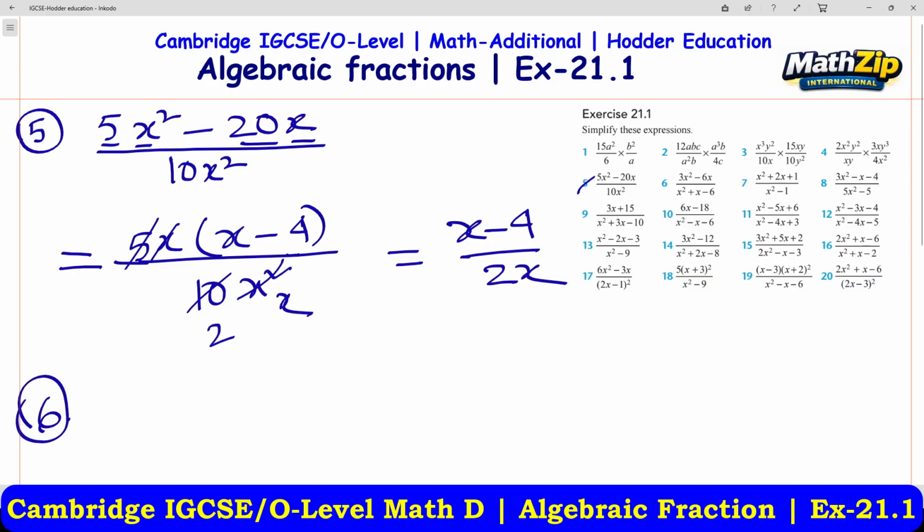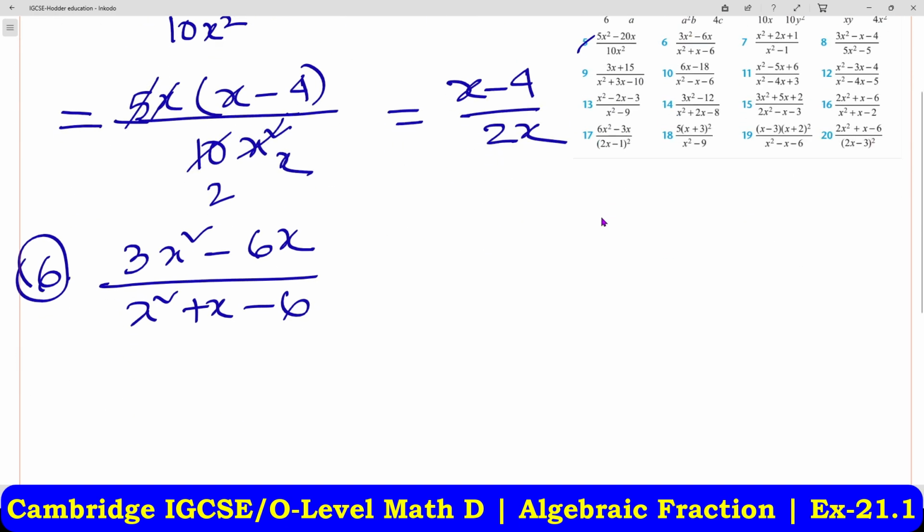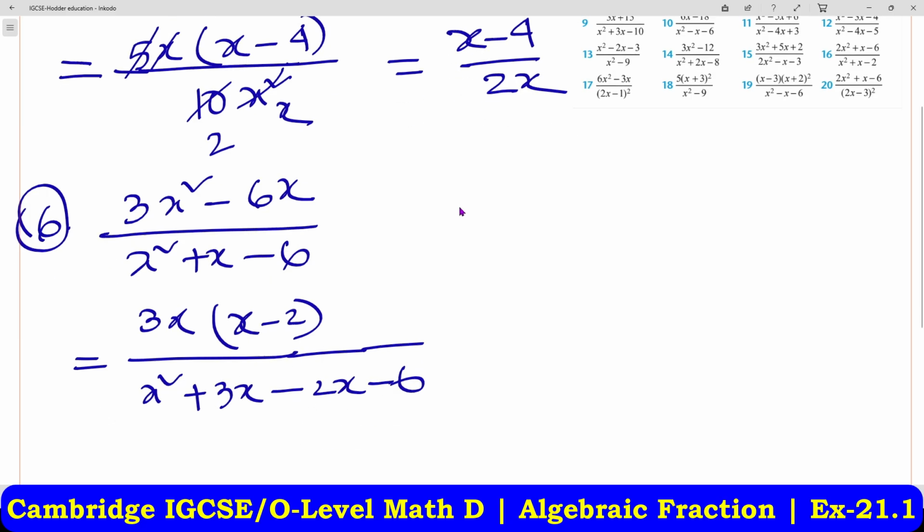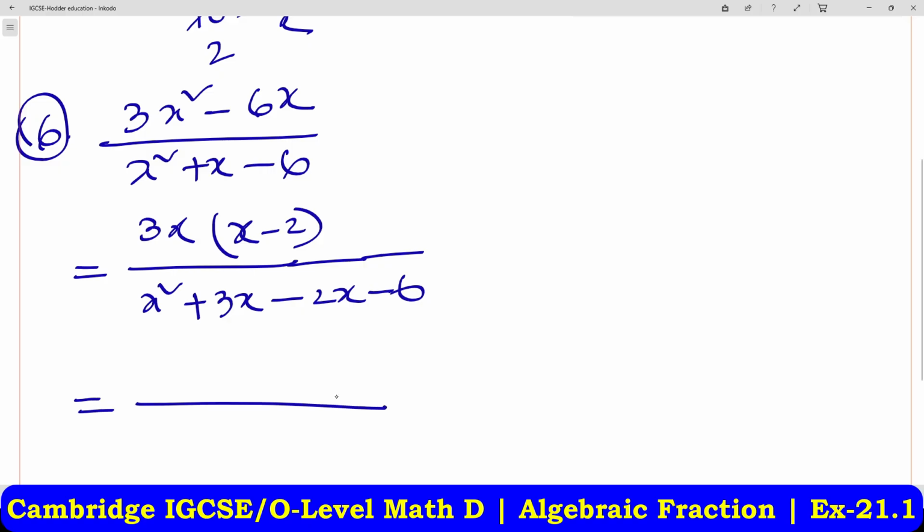Number 6, 3x² − 6x ÷ x² + x − 6. So here we can take common 3x. So here will be x − 2, and then x² + 3x − 2x − 6. Now look, here is a 3x, x − 2.